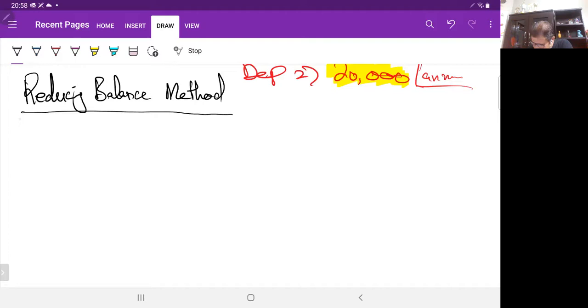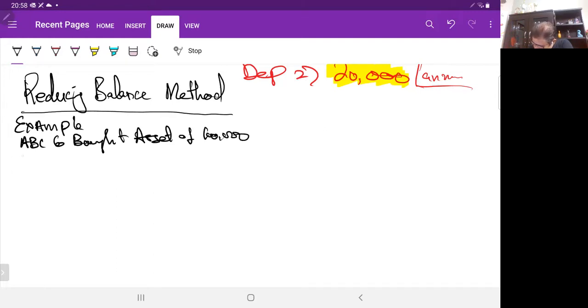Now let me show you how it applies. Example: ABC company bought an asset of 100,000 on 1st Jan 2000 X1, life 5 years, depreciation 20% per annum.